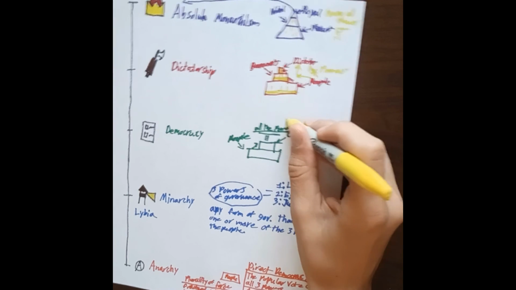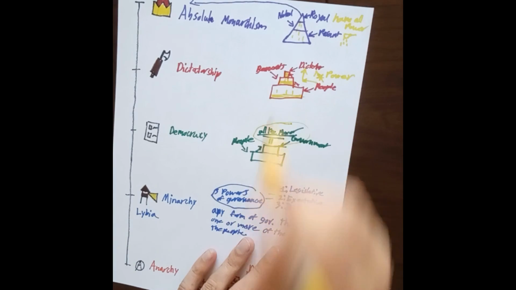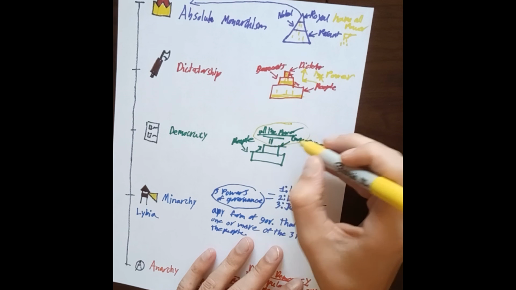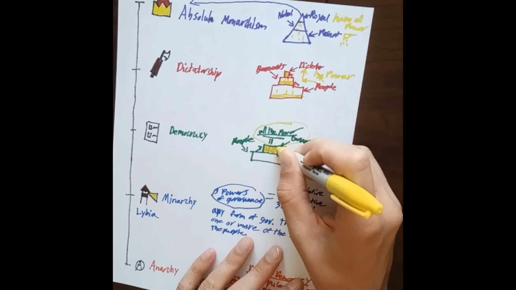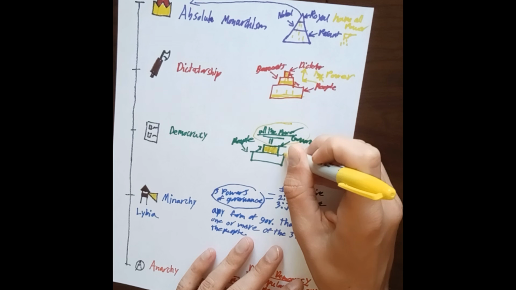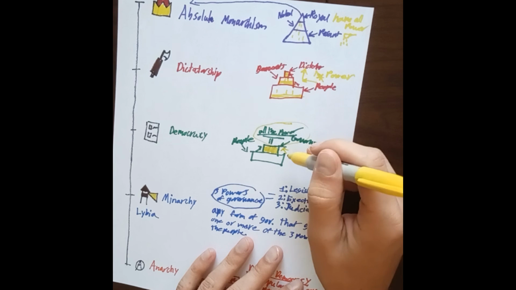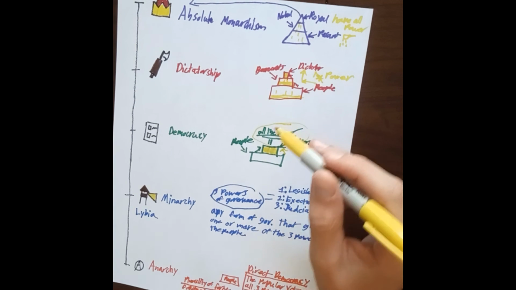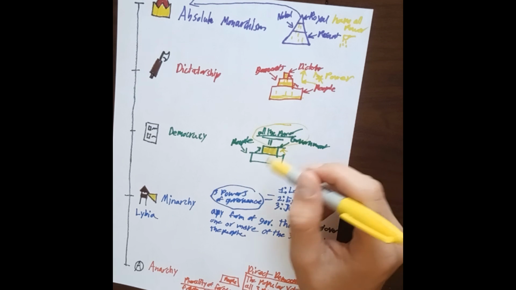All right, now in a democracy, there is no ruler. There is no single dictator. There is only the top. Now, the people, again, give all their power to the government. Now, the government has all this power.